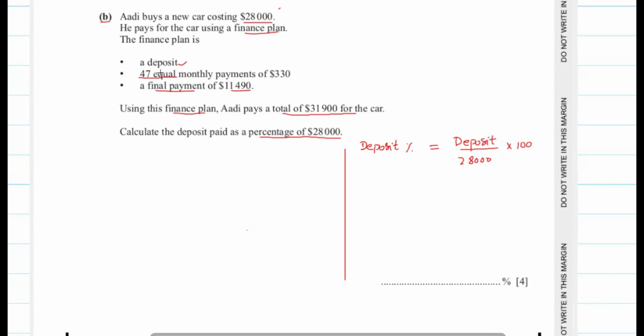Firstly, we have to calculate the deposit value. Look here, the finance plan is a deposit plus 47 equal monthly payments.